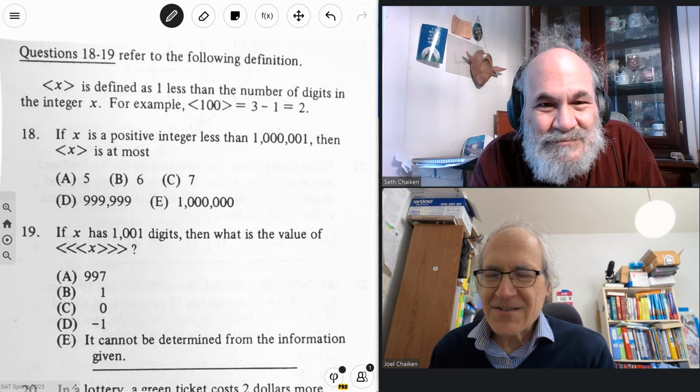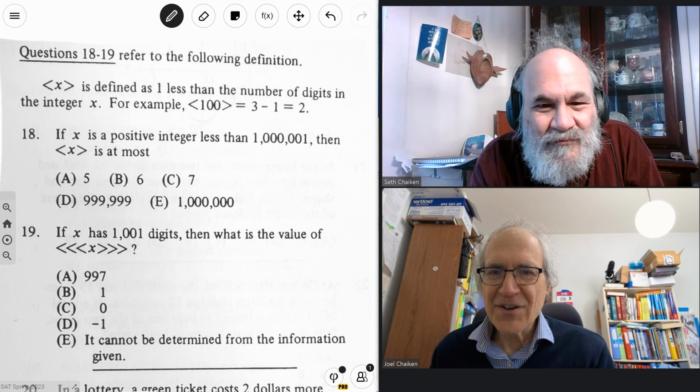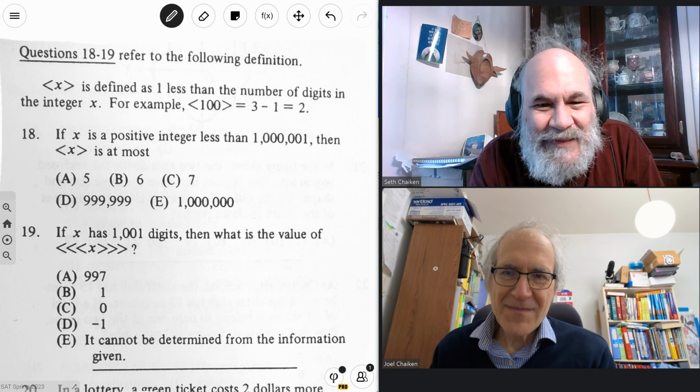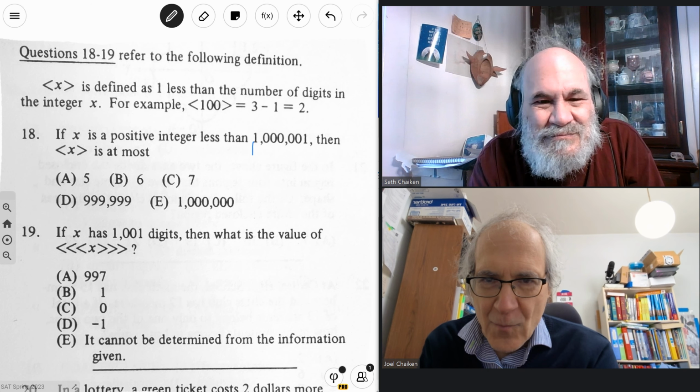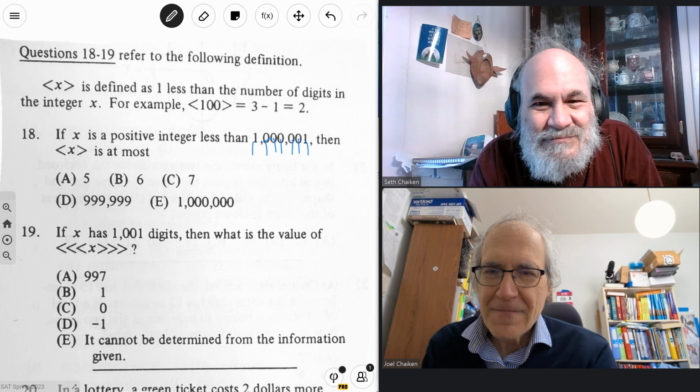Bracket X is defined as 1 less than the number of digits in the integer X. For example, bracket 100 is the number of digits, 3, minus 1, which is 2. If X is a positive integer less than 1,000,001, then bracket X is at most... Well, if we have to count the digits, 1, 2, 3, 4, 5, 6, 7 digits.